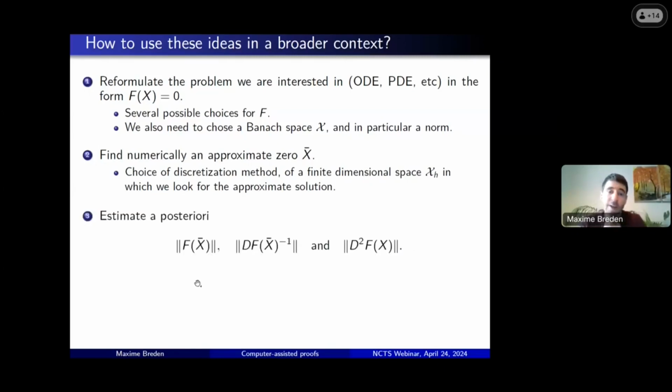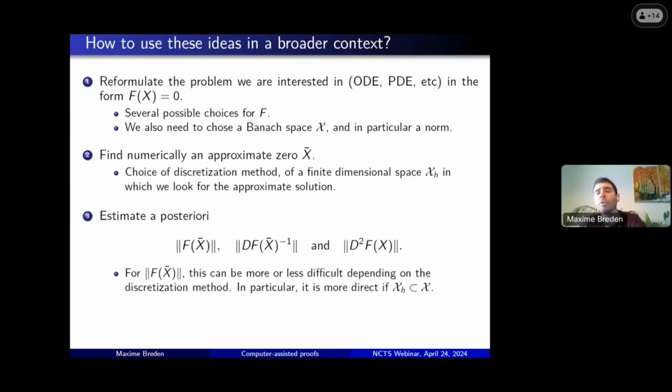Okay. And then you need to estimate a posteriori these three quantities. And I'm not going to give you so much detail, but what I claim, and maybe with some of the examples it will become a bit clearer, is that the first one is usually not the problem. Of course, it depends a bit on how you do the numerics, but at least in the concrete examples I will show you later, this is not an issue. Okay.